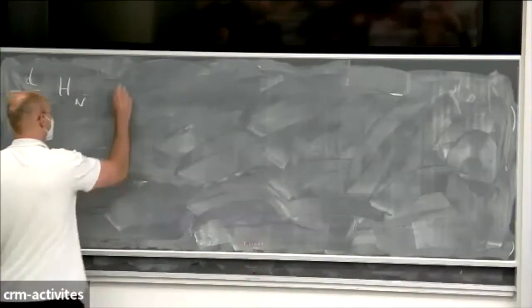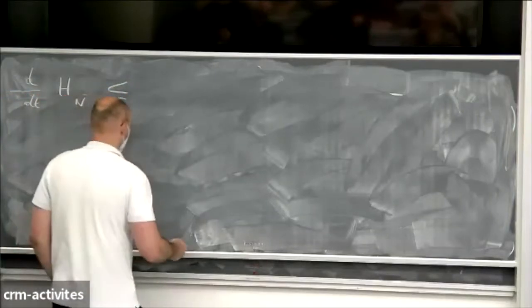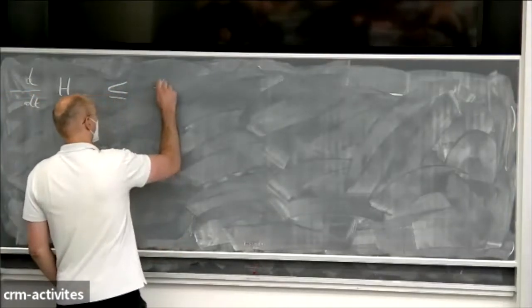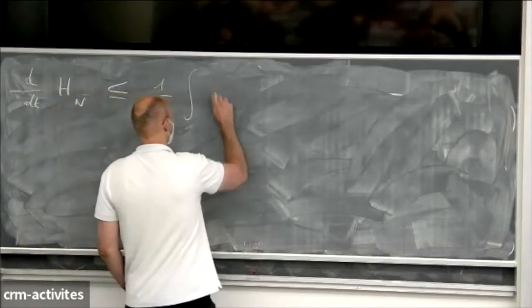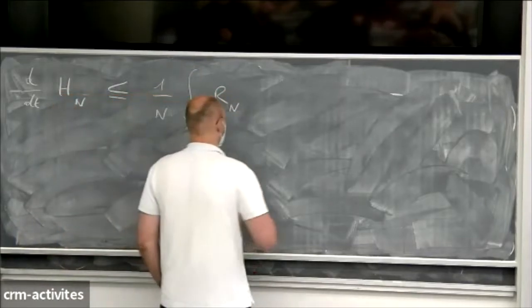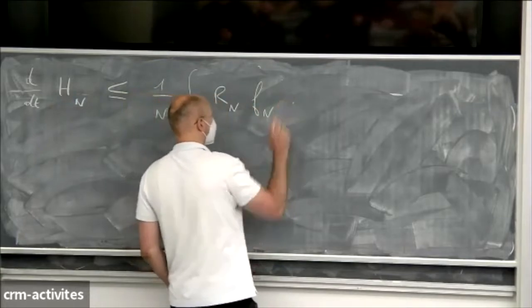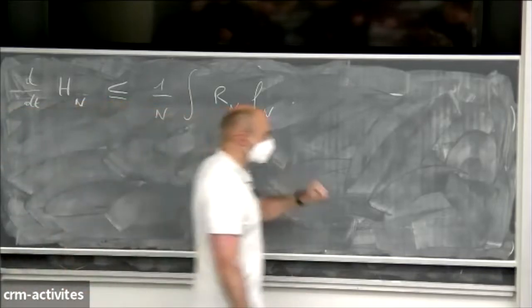And now I'm going to say that d over dt of Hn is less or equal than 1 over n, the integral of Rn Fn. That's it. Where again, Rn is this, right?